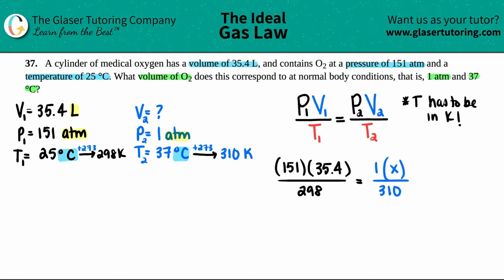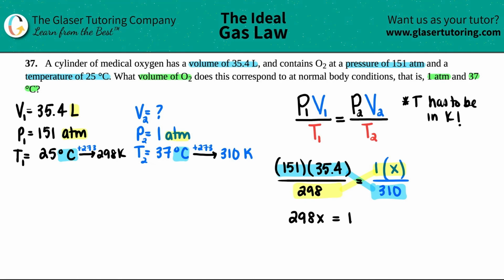Cross multiplication looks like this is being multiplied by this, and this is being multiplied by this. So 1 times X times 298 is just 298X, and that will equal 151 times 35.4 times 310.